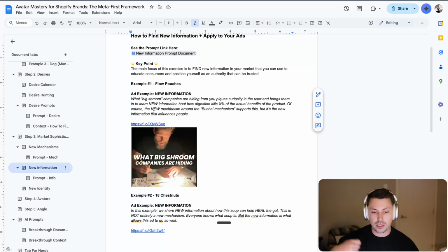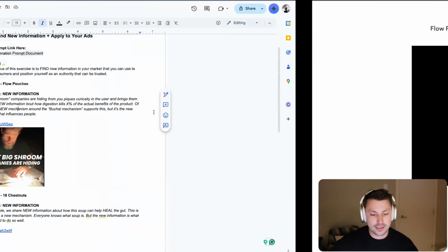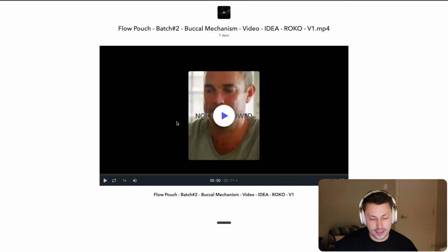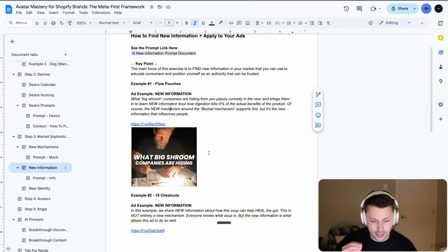If you're selling mushroom powders and you say mushroom powders get digested and a percentage of the benefits get killed, yet you sell mushroom powders, it doesn't make sense. So the information that you're finding has to actually make sense for you specifically. But in this instance, you guys can check out this ad. It's a 2-minute ad, but understand that these are higher level ads that we're making.